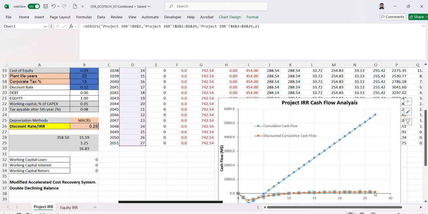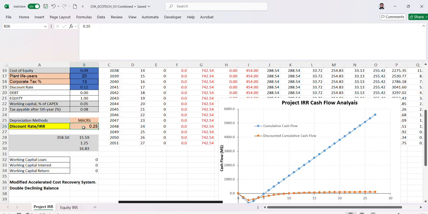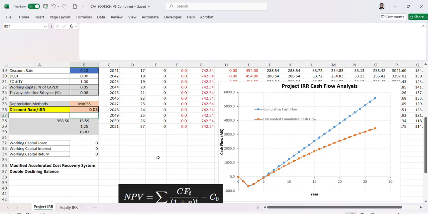See, it's a very low profit, the cash flow is significantly low. But if it is 0.03, then see how profitable, how attractive the project is. So this is what it signifies, whether the project is profitable or not.